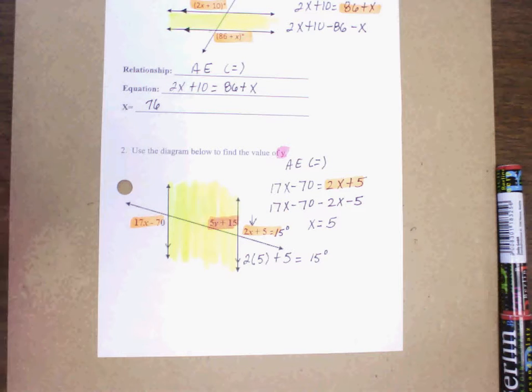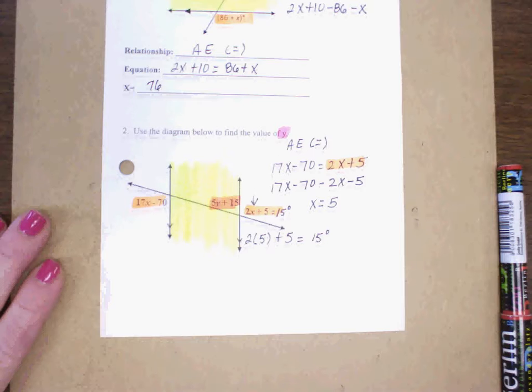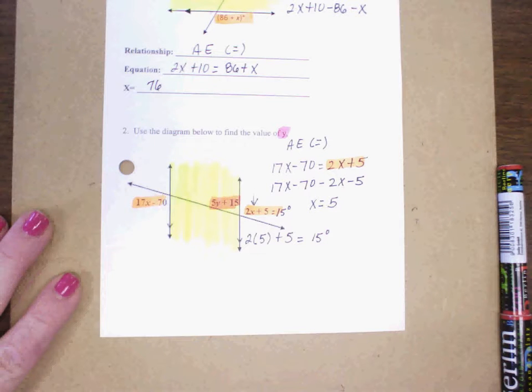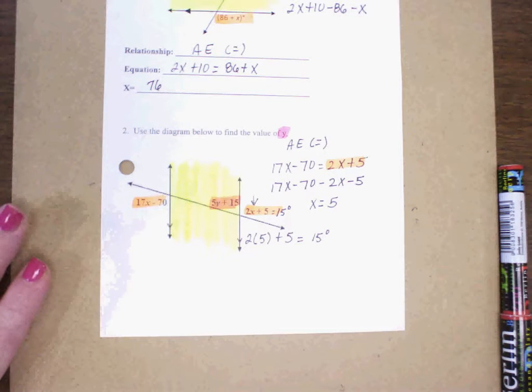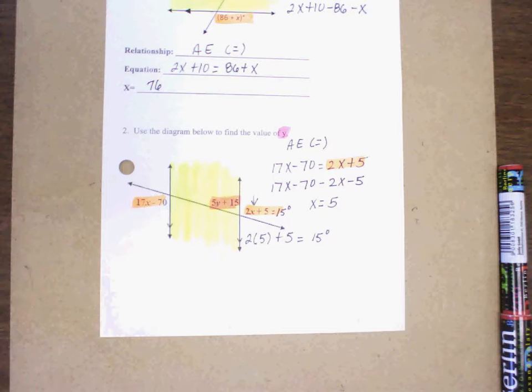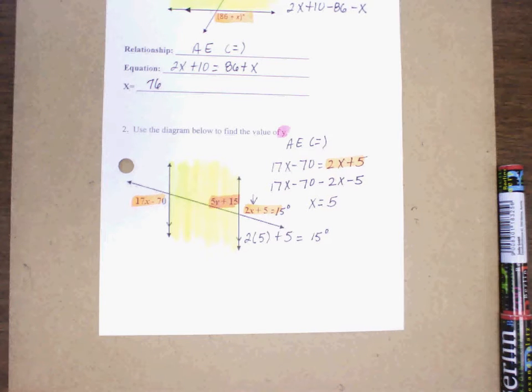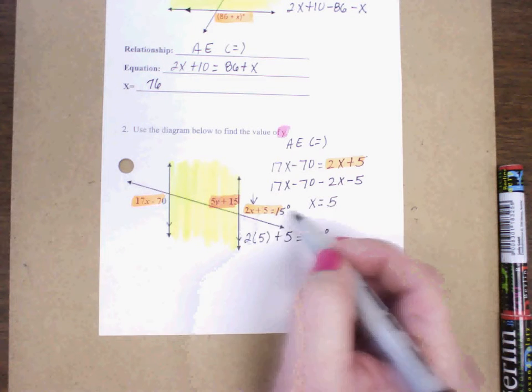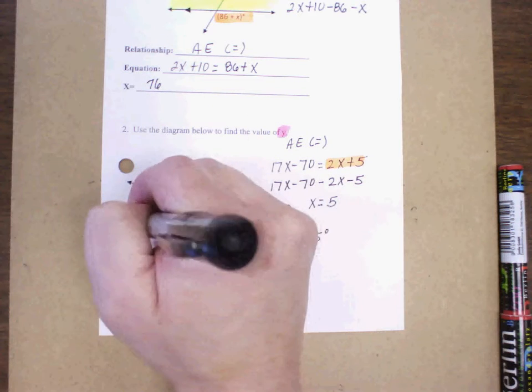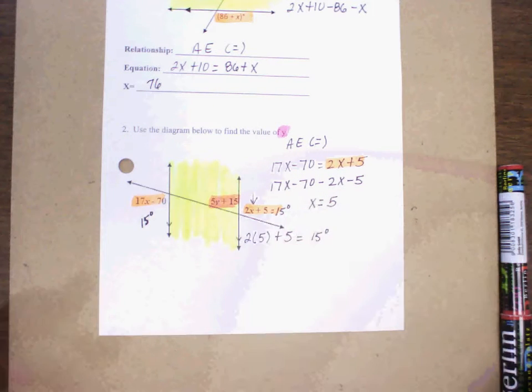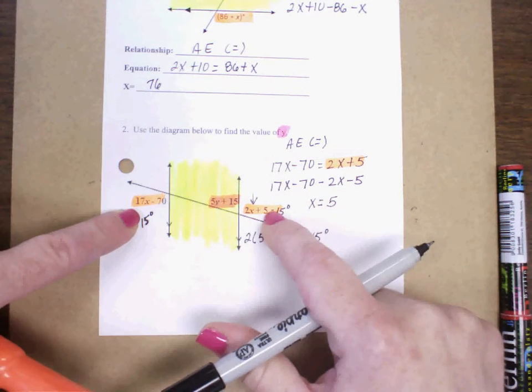All right, but that still doesn't solve my y. So what can I do? Eyes over here. Both of you. All right, so that doesn't solve my y. I just have the x and I have that angle. And if this angle is 15, that angle has to be also 15 because they're alternate exteriors.